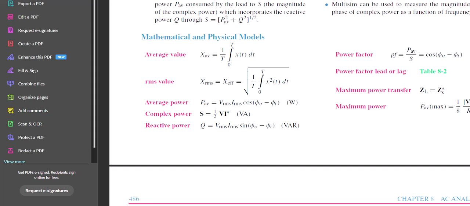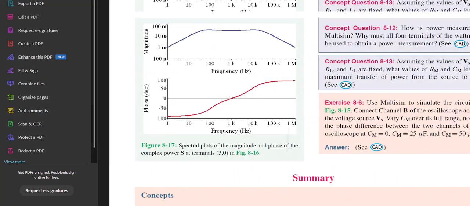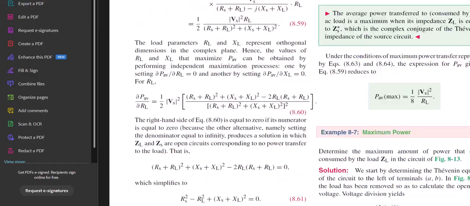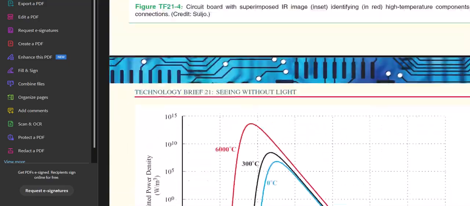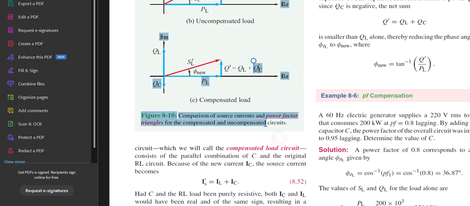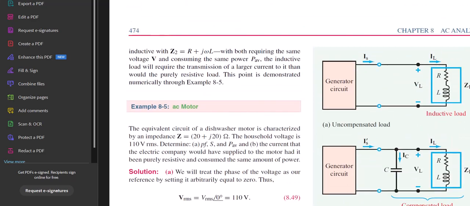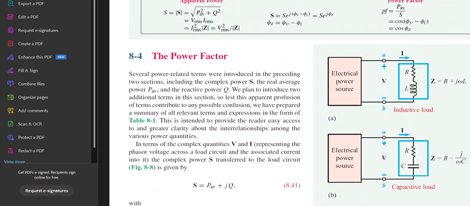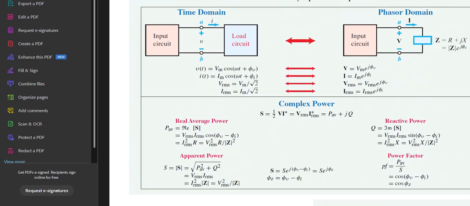The real average power is V RMS I RMS times the cosine of the angle. Now, you want to be careful here. I see a lot of people forget about the RMS thing, so let me remind you about how that works. For sine and cosine, you did the RMS problem earlier, where you take the integral over the period of the function squared.